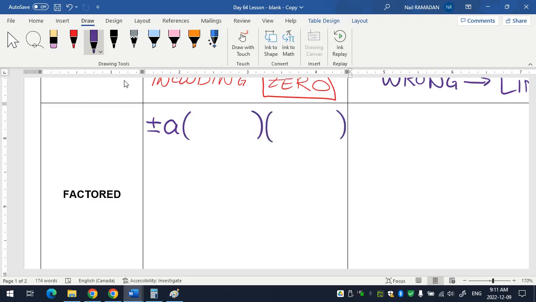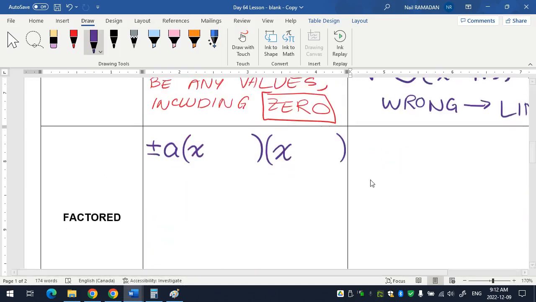Okay, what goes in each one? The first thing that goes in each bracket is a single X. So you put X and you put X. Okay, and then you put what? You put a number here and you put a possibly different number here. And the numbers also could be positive or negative. So go ahead, put positive, negative.